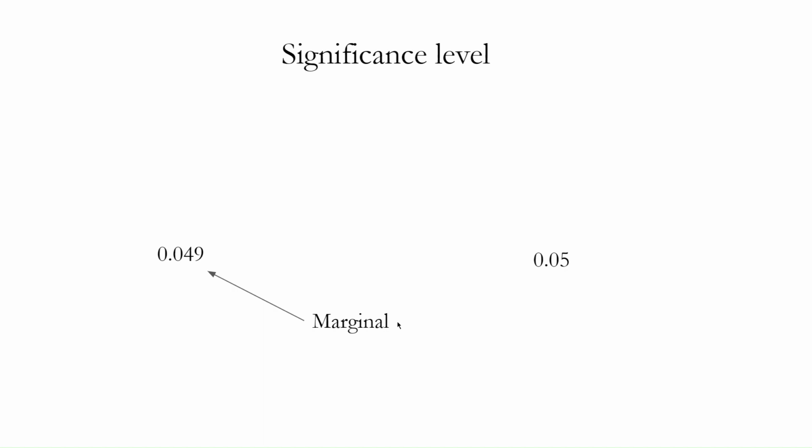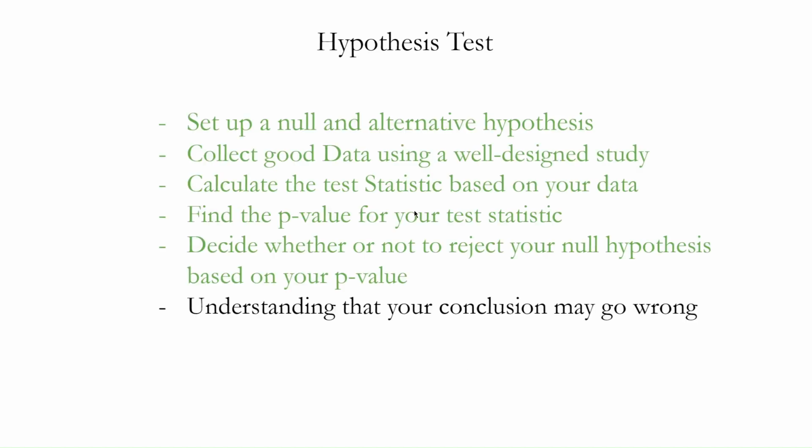So you do not have enough evidence to reject it, but you also do not have enough evidence to say that it might not be true. When it's marginal, you do not do anything. So that's how to decide whether you have enough data or not.